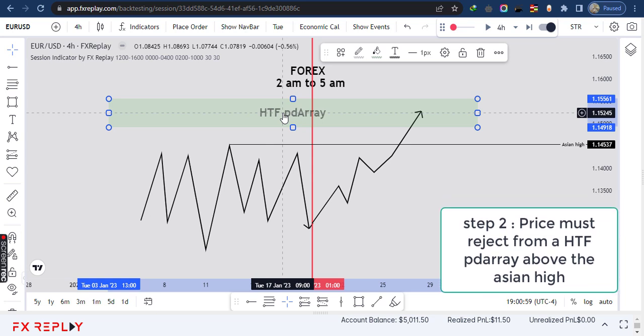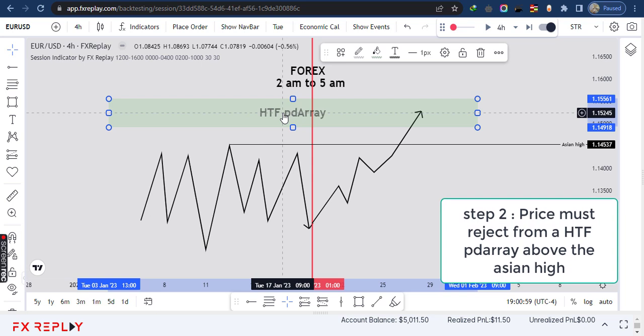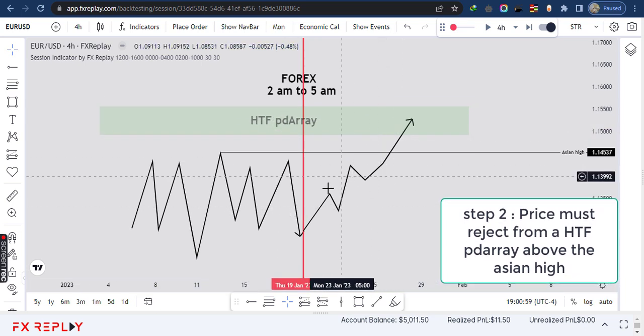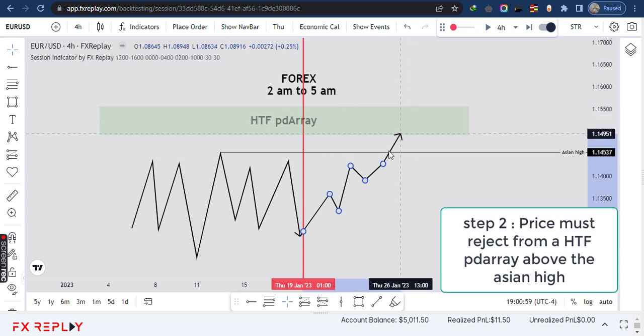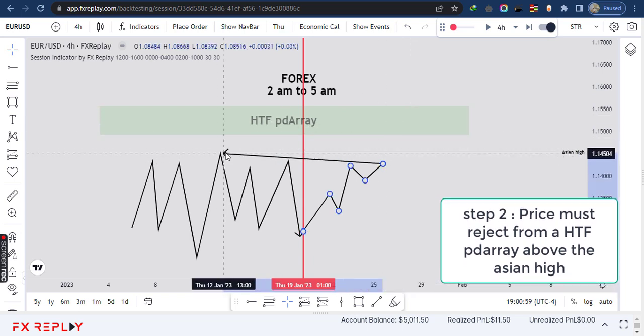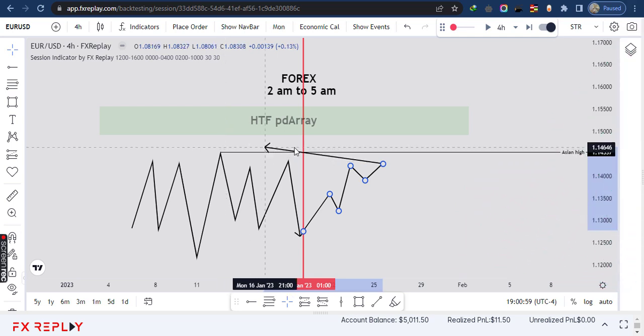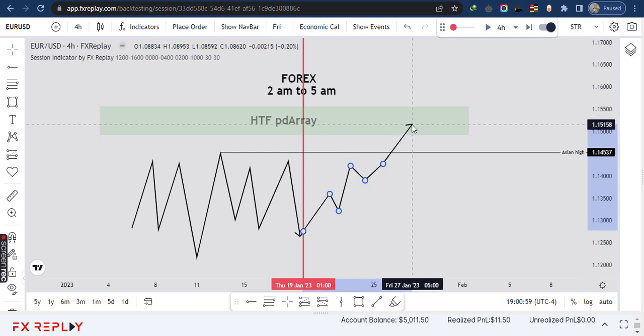So when price raids the Asian session, and it hits this PD array, higher time frame PD array. By higher time frame PD array, I mean the 15-minute.